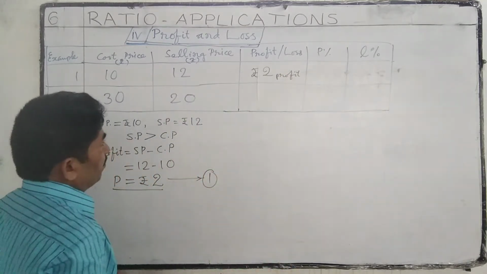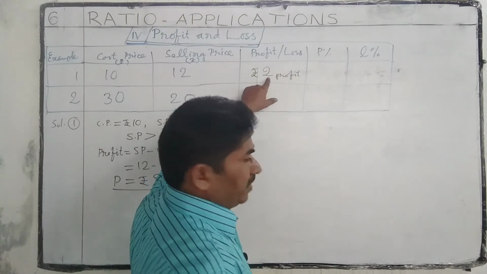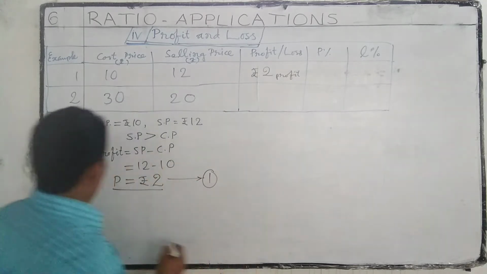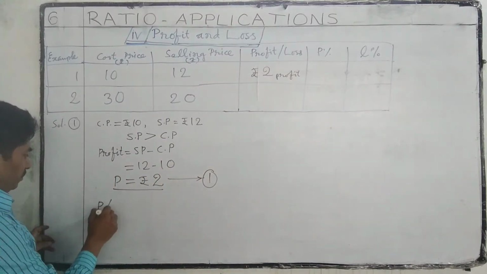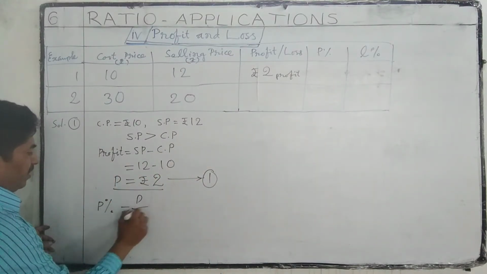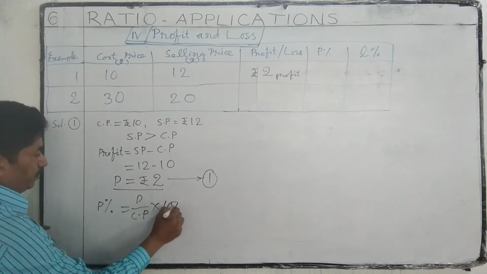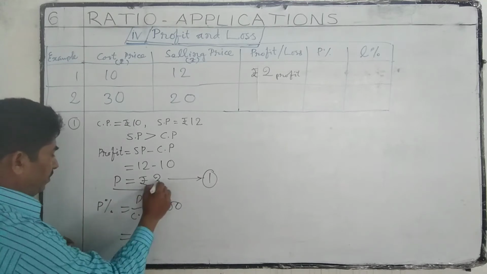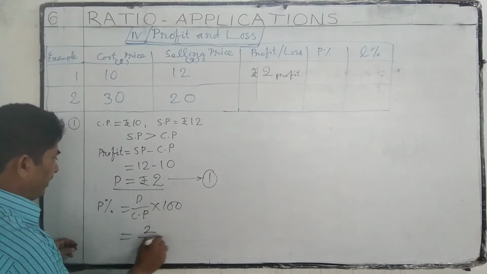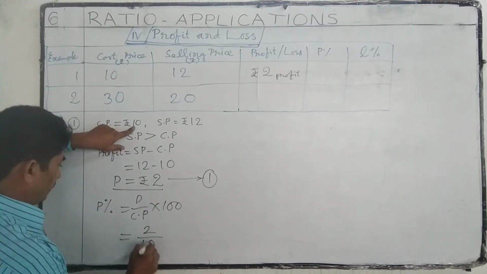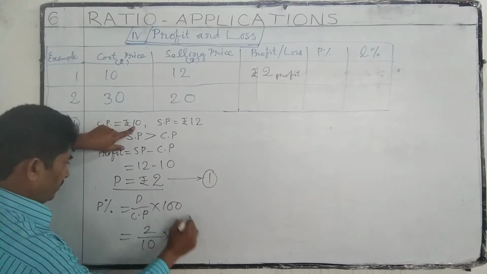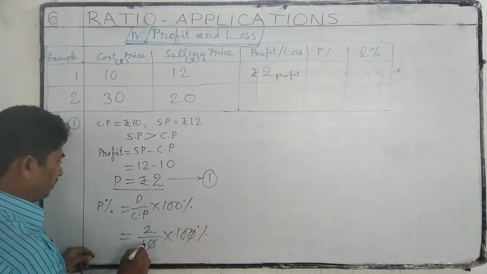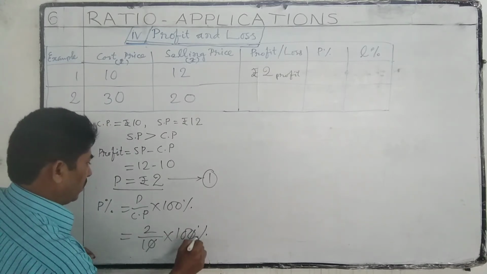Next, if we get a profit, we have to find a profit percentage. Profit percentage is equal to profit by cost price into 100%. So here we have 2 rupees profit, 2 by cost price 10 rupees into 100%. 0 0 gets cancelled. 2 tens are 20%.